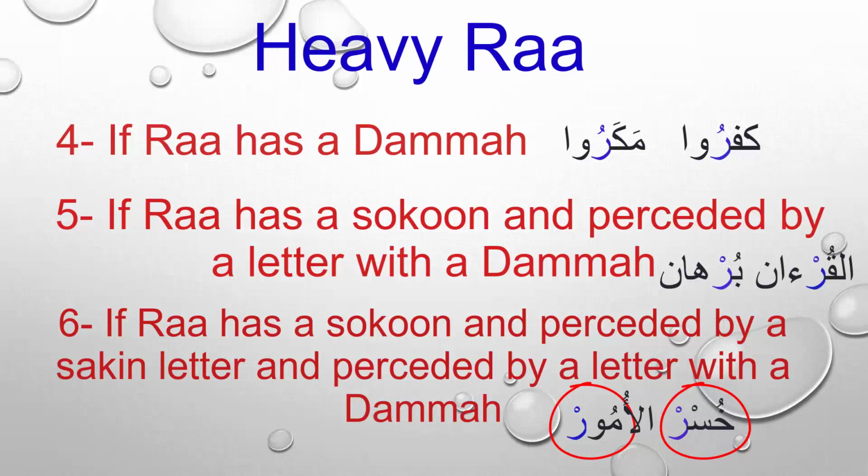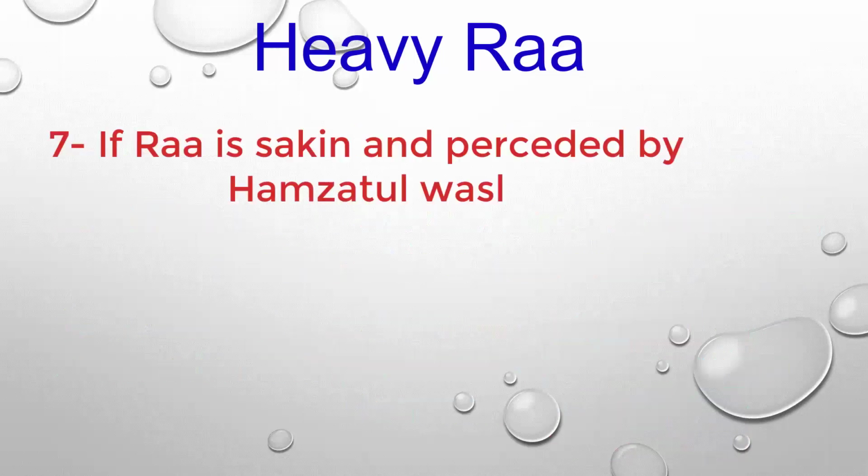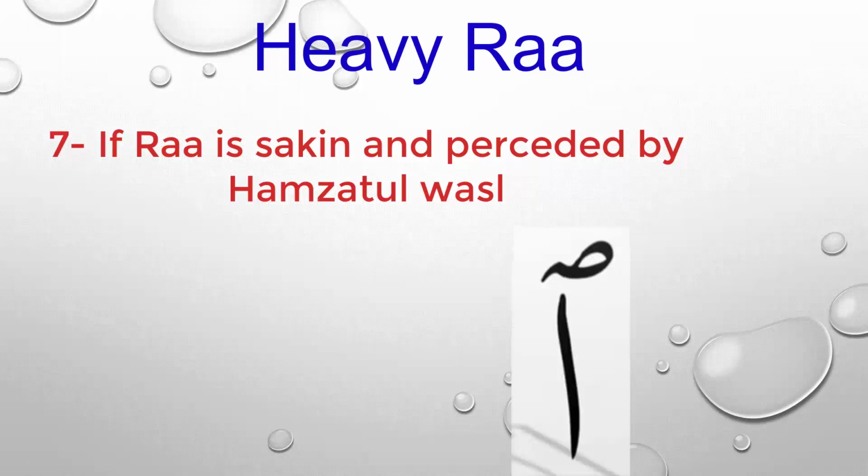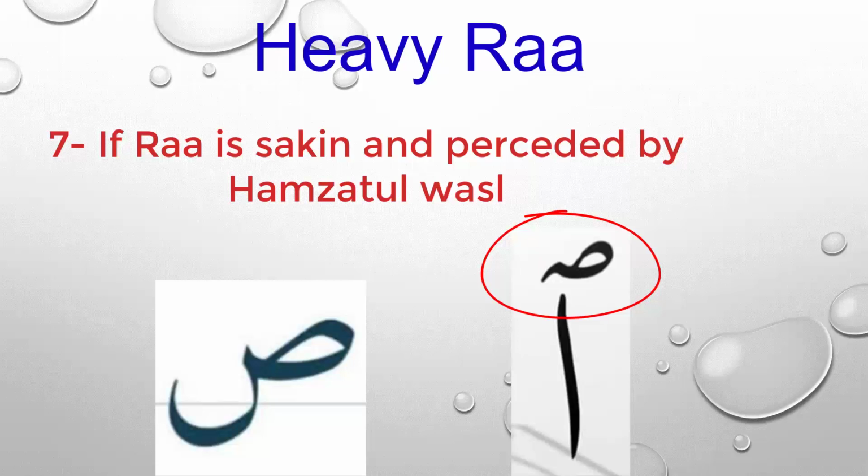In the seventh case, if Ra is the second letter and is preceded by the letter Hamzatul Wasl. And Hamzatul Wasl is an alif with a unique sign on the top. We call this sign Ra'sus Sad, the Sad's head, because it looks like the head of the letter Sad.